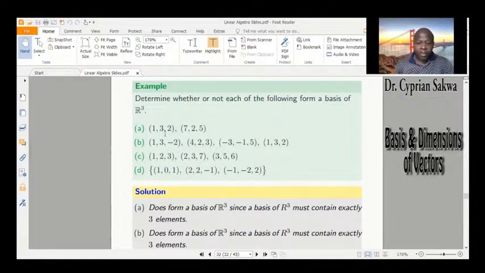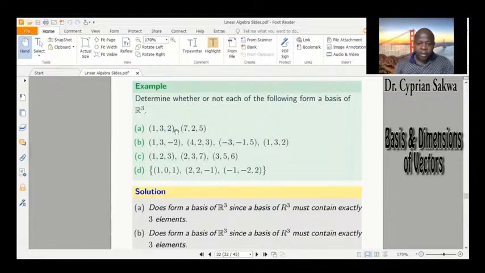Now, very fast, we can disqualify some using the point that we just mentioned above, that a set that will form a basis of R3 should have three vectors. So that disqualifies A, because A has only two vectors in R3.